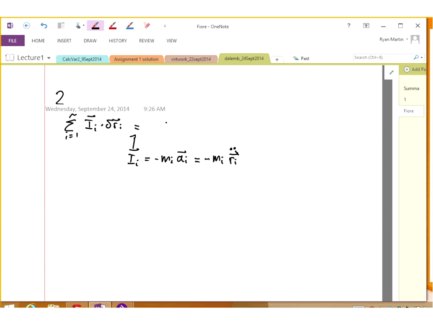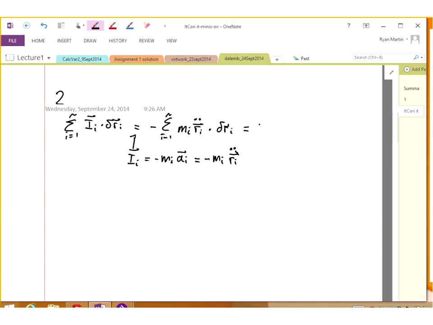So we can rewrite this as minus the sum of i equals 1 to big N of m_i r_i vector double dot dotted with delta r_i. And now we want to have delta q's instead of delta r's.